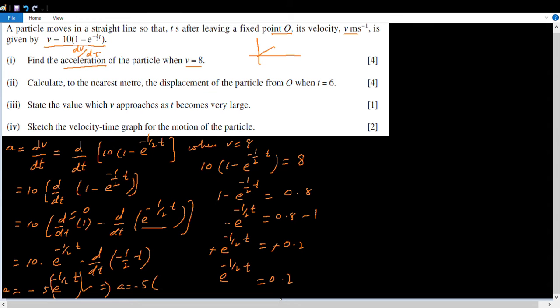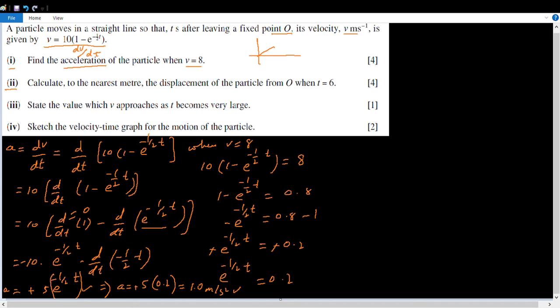Sorry, I missed the minus sign here. So this will be positive because this minus and this minus will turn to positive. So positive 5 into 0.2, that is equal to 1.0 meter per second squared. That's the answer of the first part.